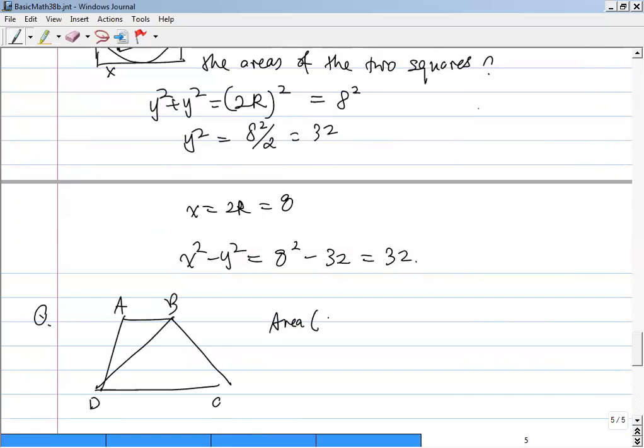The area of triangle ACD is 9 square units. So what is the area of the trapezoid?